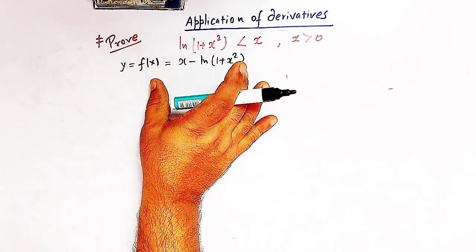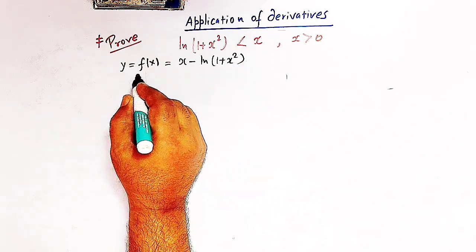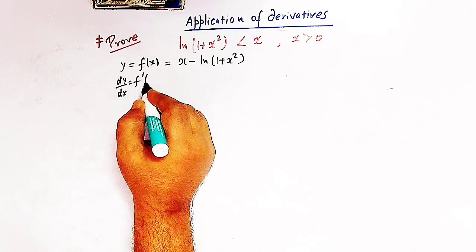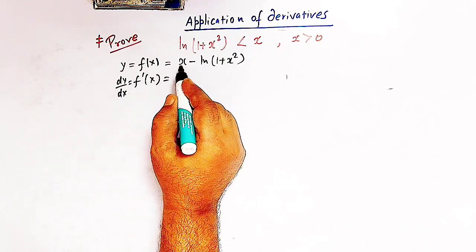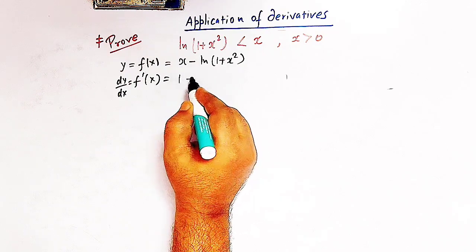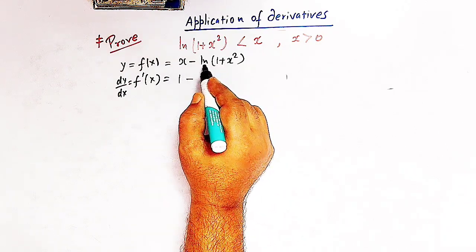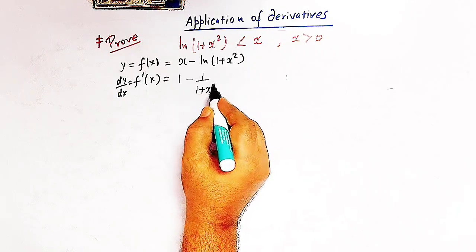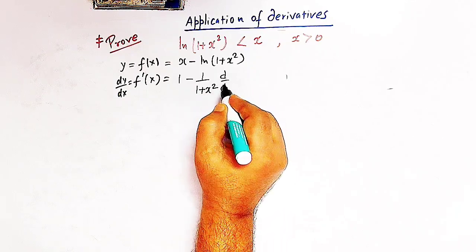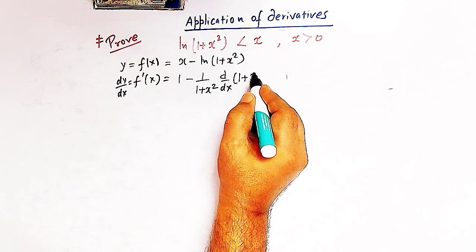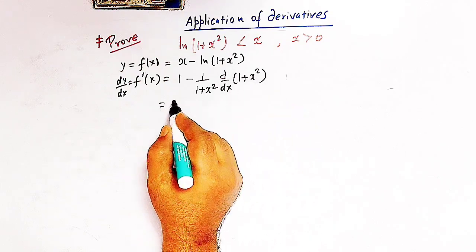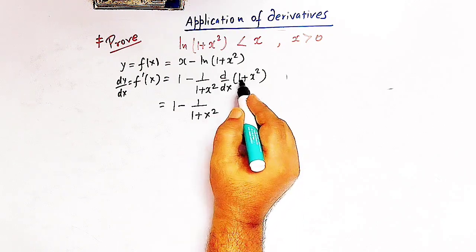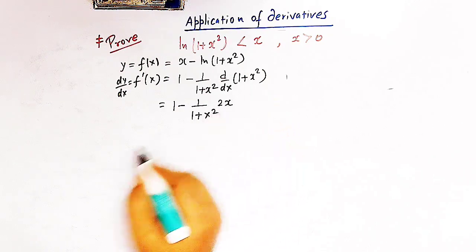Now let us find out the derivative of this function, that is dy over dx is equal to f prime of x. So here the derivative of x is 1, and the derivative of log of 1 plus x square is 1 over 1 plus x square, and by chain rule the derivative of 1 plus x square is 2x, right?